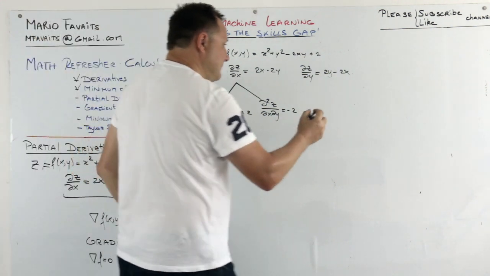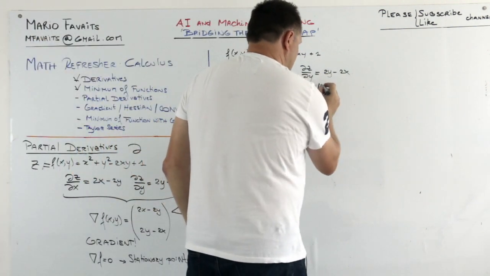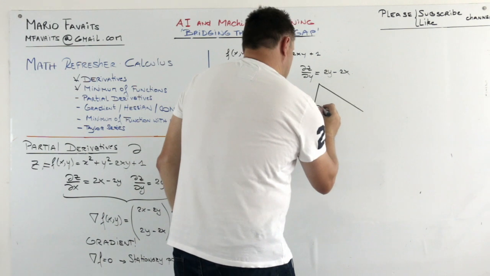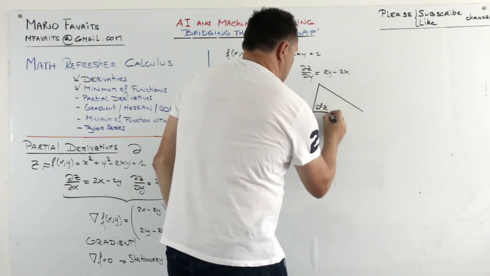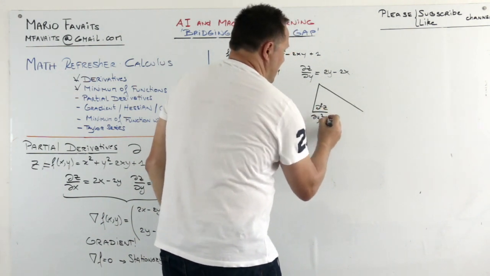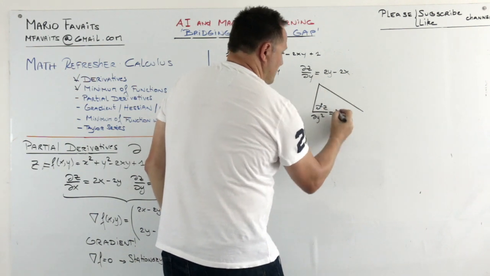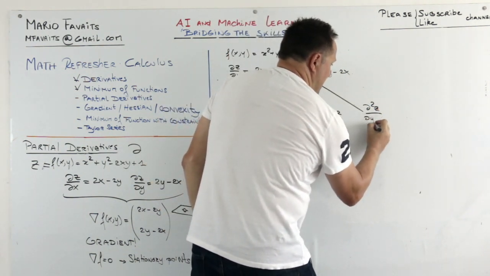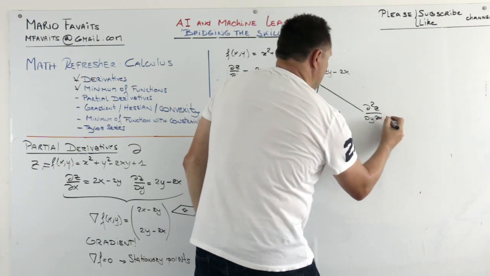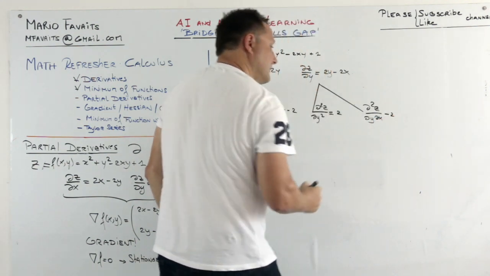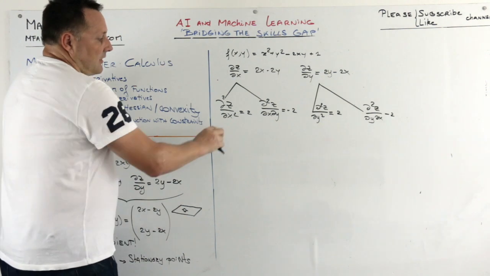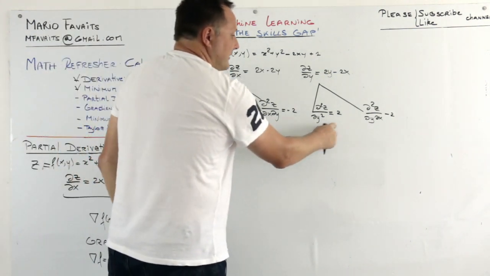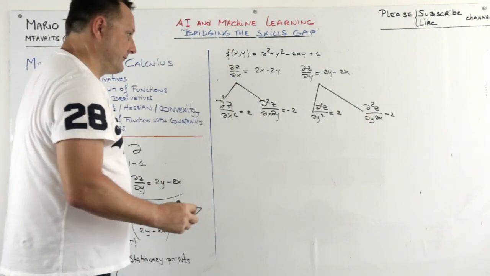But you can do the same here. So d squared z/dy squared equals 2, and d squared z/dy dx is minus 2. So these four are the second order derivatives.